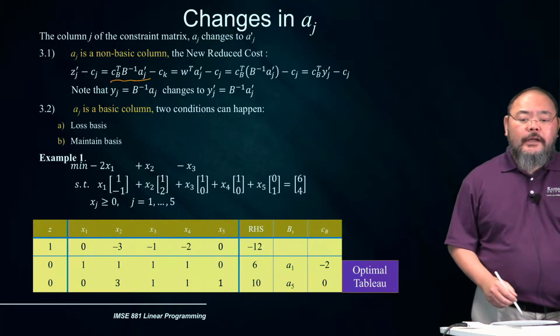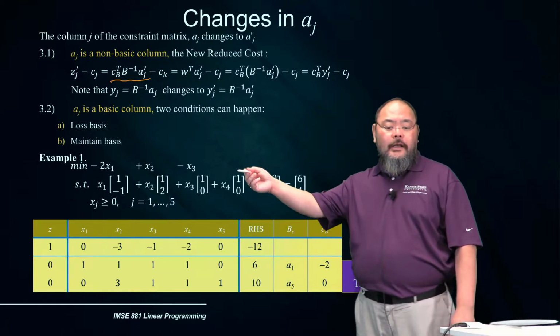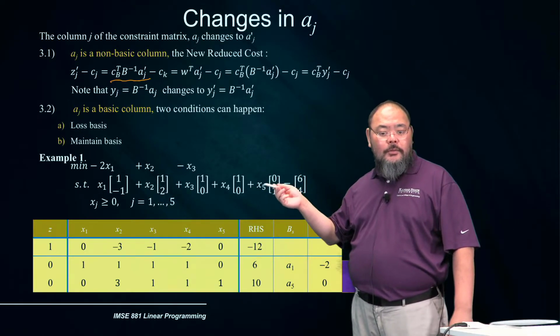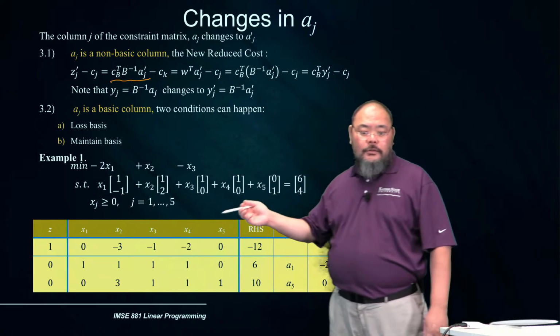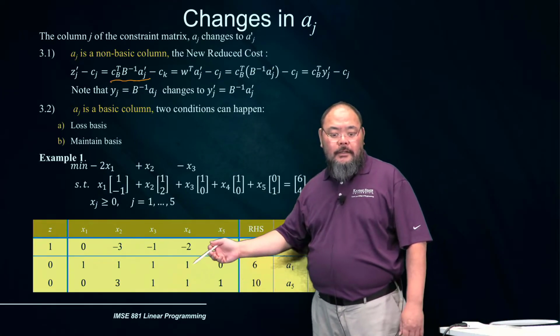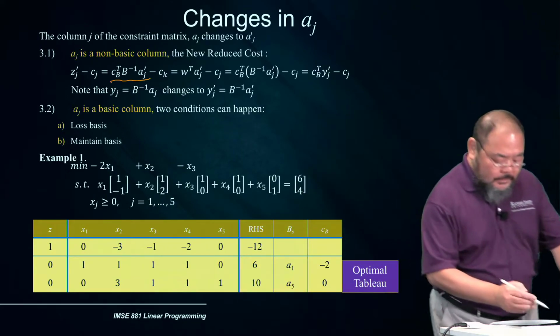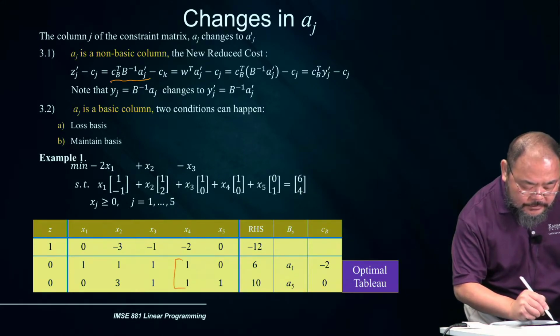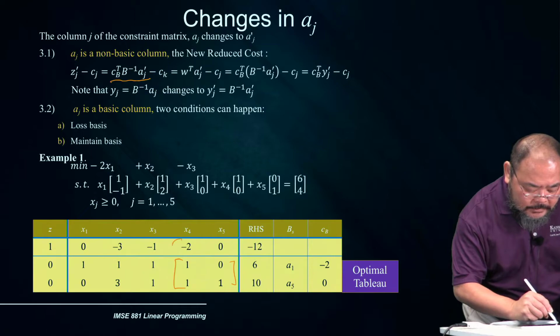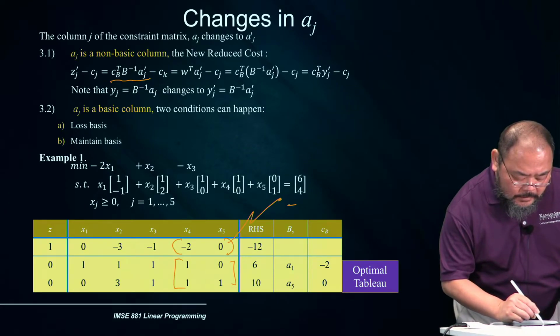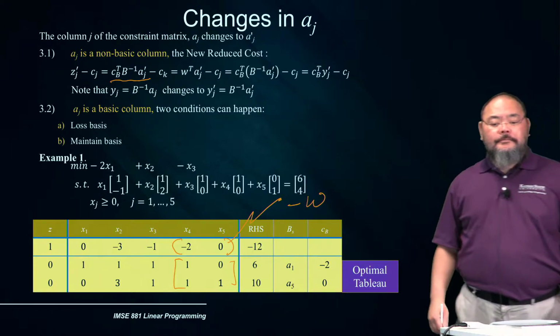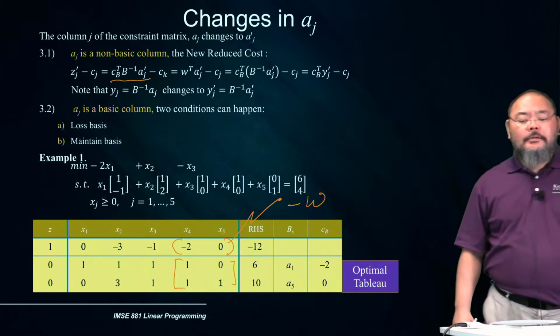Since x4 and x5 are slack variables, the B inverse resides in the slack variable region, and this is my negative omega vector.